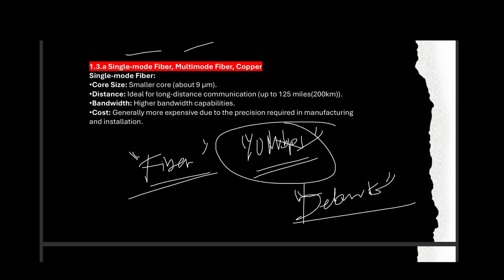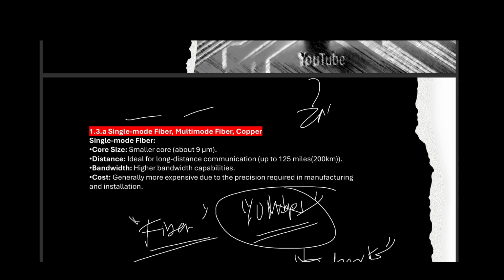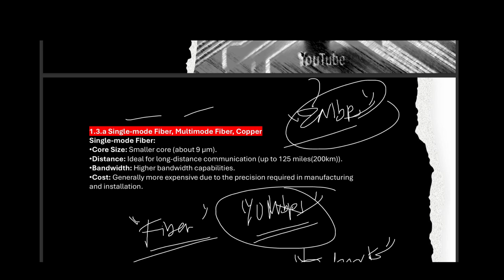No matter what kind of link you use, you're still going to be capped at that speed. Let's say you have a plan of 2 Mbps and it's fiber. So what's the difference between that and the traditional?